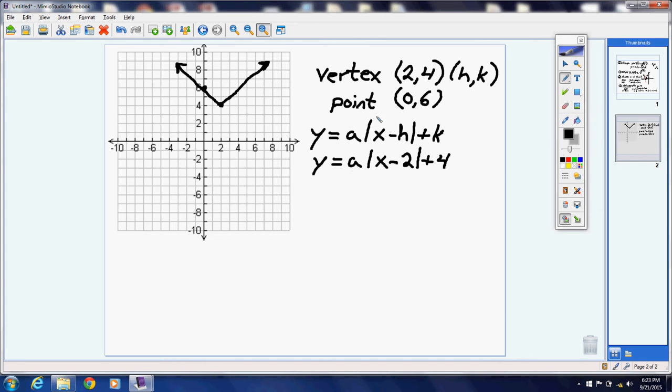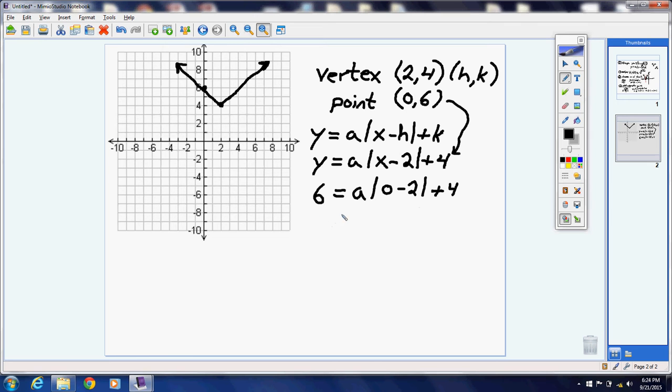Well, they give us this extra point, so we can plug that into the equation that we figured out so far. We have an x value of 0 and a y value of 6. So we just plug that in: 6 equals a, we don't know that yet, times the absolute value of 0 minus 2 plus 4.